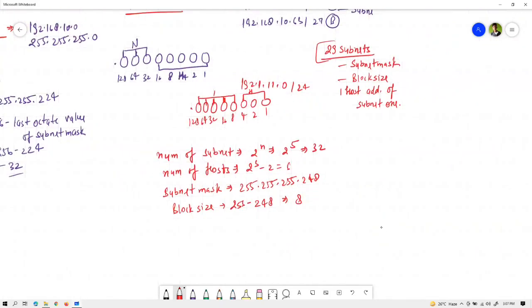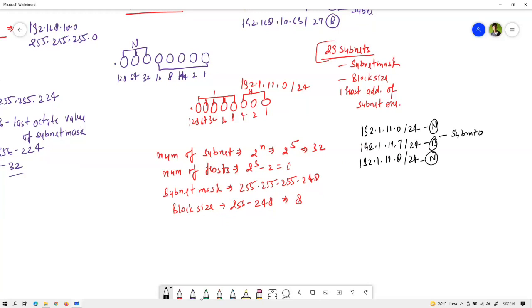So here you can start from subnet 0. You can write it like this: 192.1.11.0/24, and 192.1.11.7, because the block size is 8. This is the network address, and this is the broadcast address of subnet 0, right? Then you will write subnet 1: 192.1.11.8/24 is the network address, and 192.1.11.15 is the broadcast address.